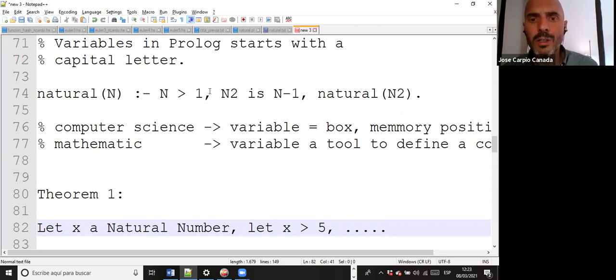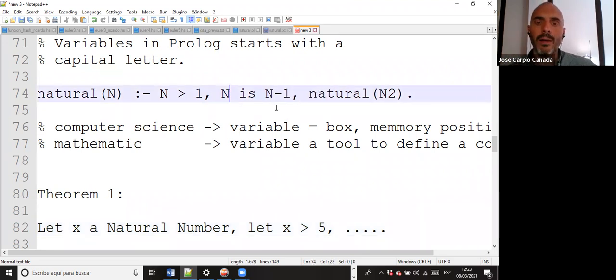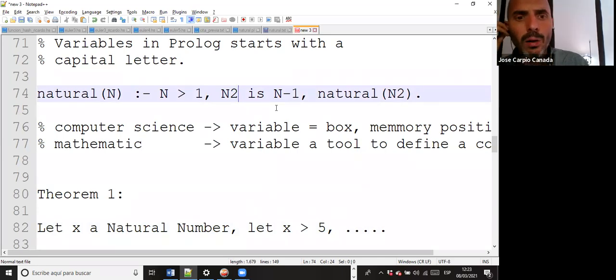So for this reason, it's not possible to put here N is N-1, because N is a concept of a number or whatever. I can't change this concept and put another thing inside. So in Prolog, the variable, once it takes one value, it never changes until the end of this line, until the dot.